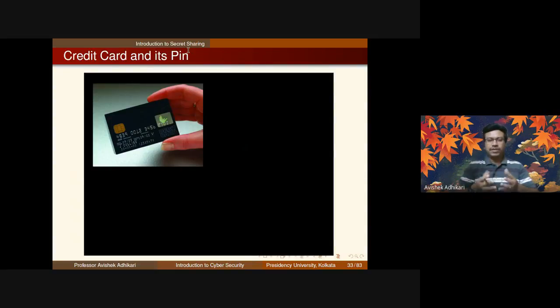Suppose when we get our ATM or credit card for the first time, the credit card or debit card usually comes to us through the post. Some postman or courier gives it to us. And after a few days, the PIN to use that ATM or debit card comes.